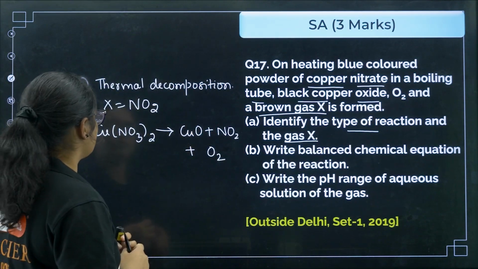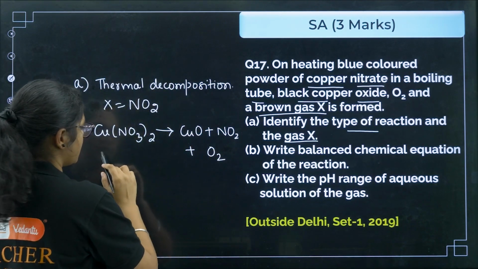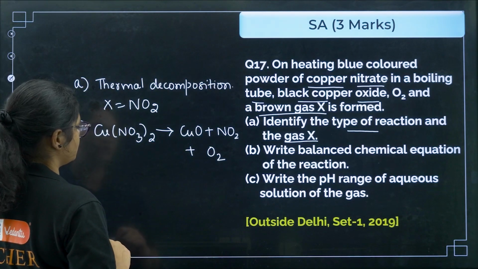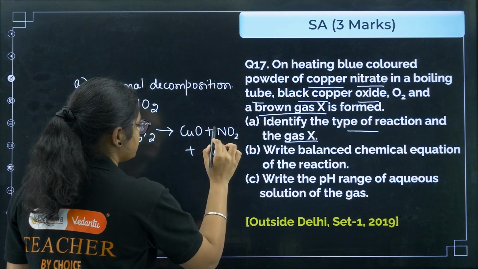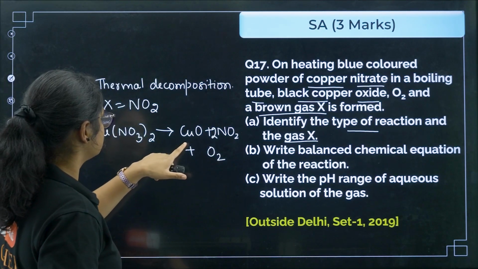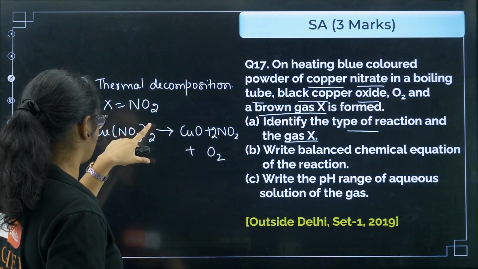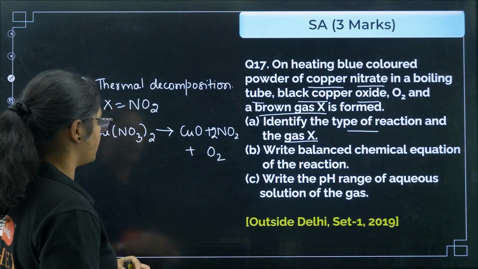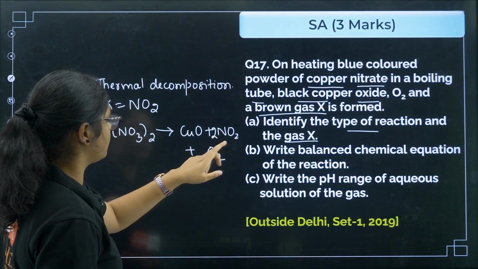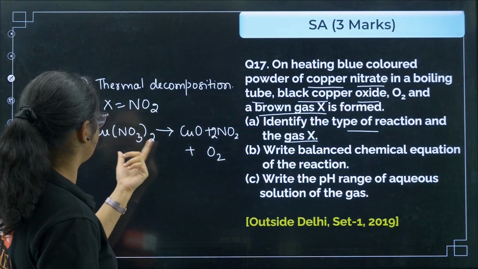Now if I want to balance this, we have 1 copper, 6 oxygens, and 2 nitrogens are needed. So if I make it 2 like this, we get copper nitrate, yes, that formula is correct. Now copper is balanced, oxygen is 6 on the left, and on the right we get 2, 4, 5, 6, 7 oxygen. And then nitrogen is balanced.